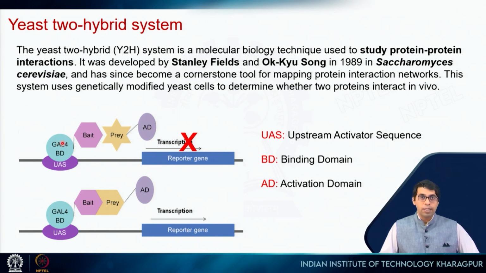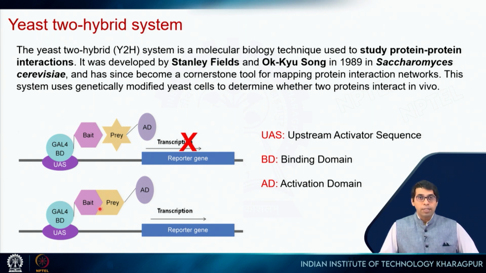What was done is that they have been separated, and now using recombinant DNA technology, you want to study the interaction between this protein which is called the bait and this protein which is called the prey. So, you want to screen whether these two proteins interact with each other or not. So, you genetically fuse these two genes together and fuse these two genes together, and then you express them.